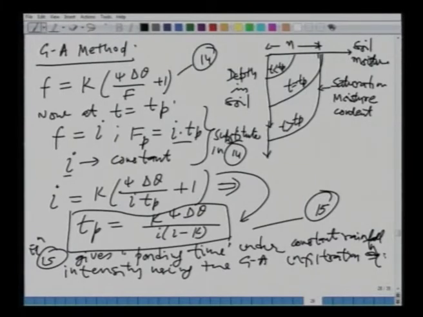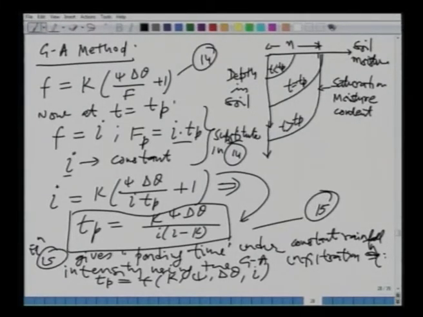Okay. Looking at equation number 15, it should be very easy for you to see that tp is a function of the hydraulic conductivity K, psi, the suction head, delta theta, the initial conditions, and I. Okay.